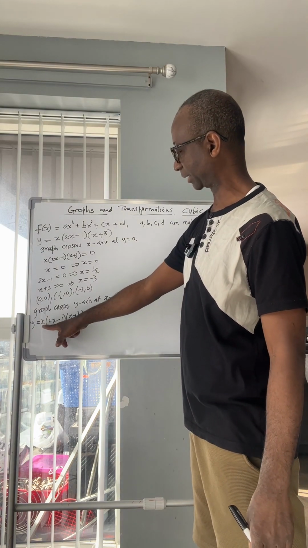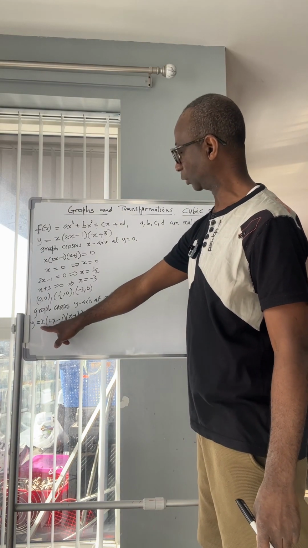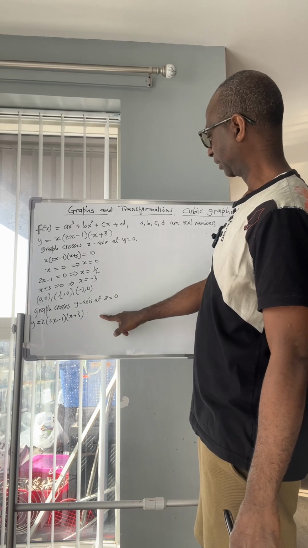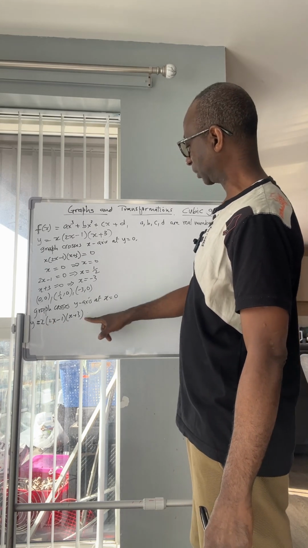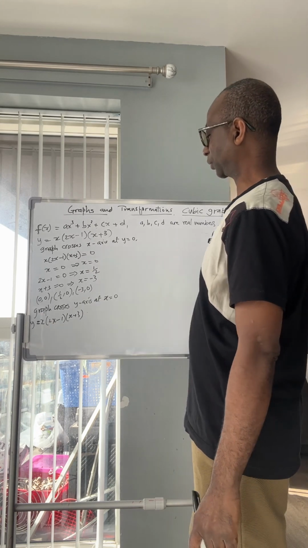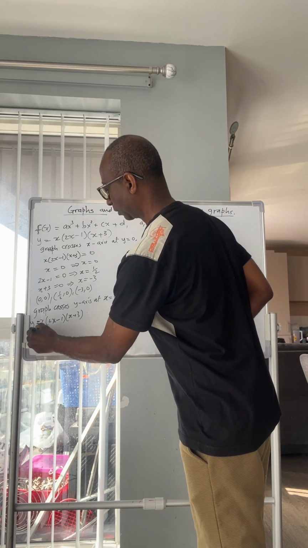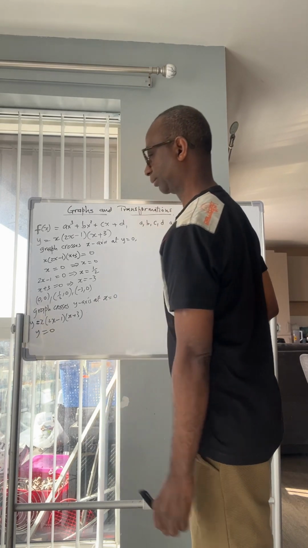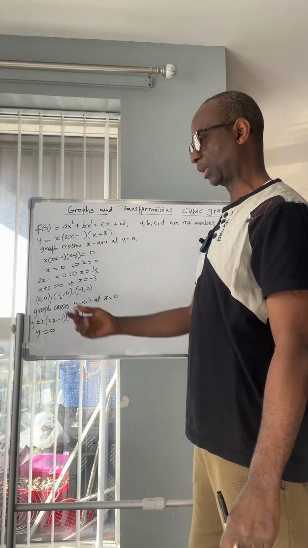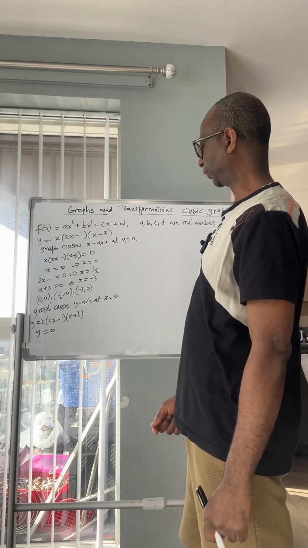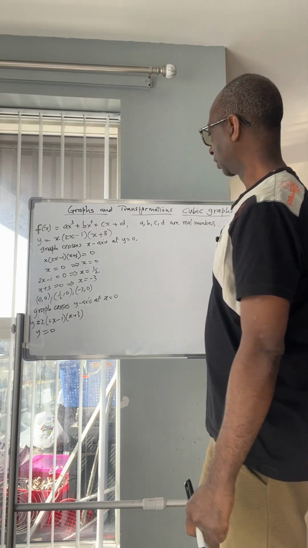The first x here becomes 0, and 0 is multiplying everything here, so the whole expression goes to 0. Therefore, y is equal to 0. That is what you have: x equals 0, y is 0.